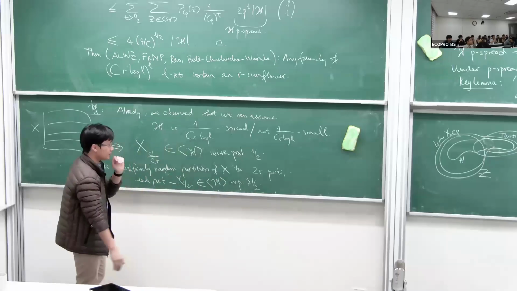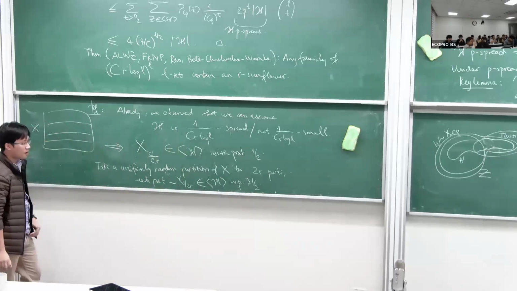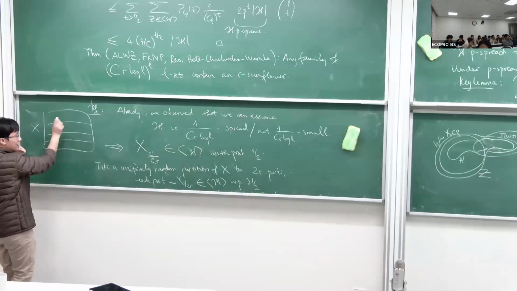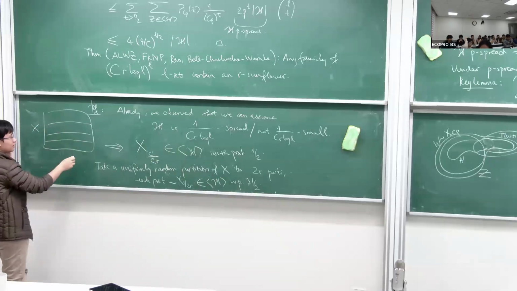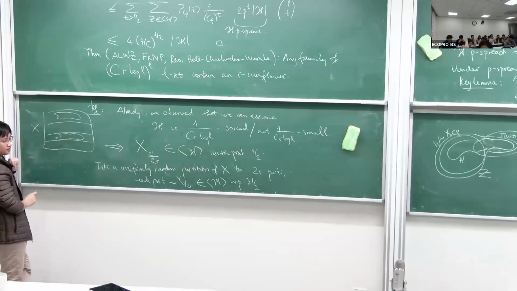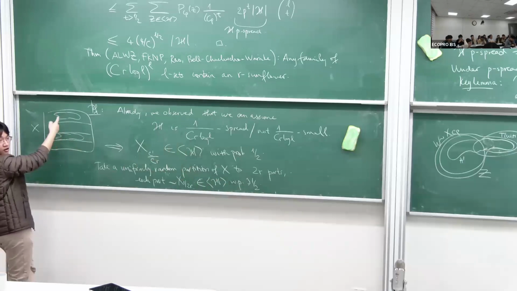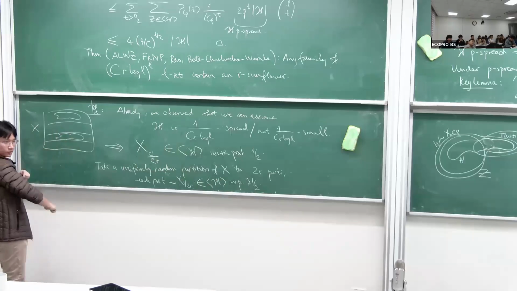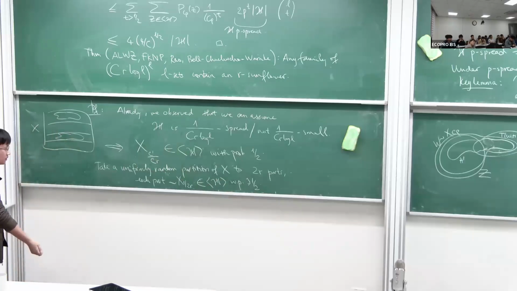So in expectation, at least R parts will contain a set from H. So there will be some realization of this random partition where you can find R parts that contain a set from H. But this is a random partition, so these sets are automatically disjoint. So this just produced an R-sunflower. So that is the procedure.